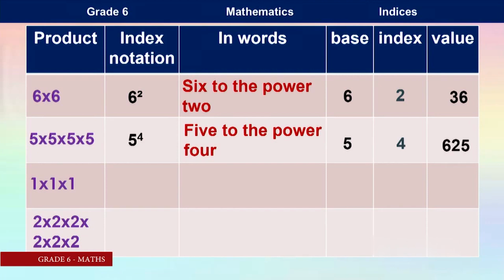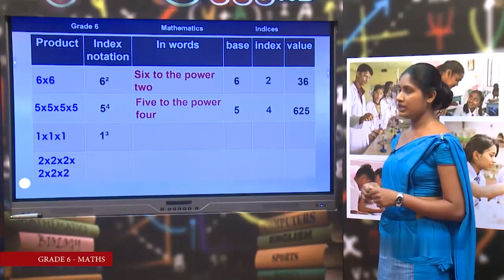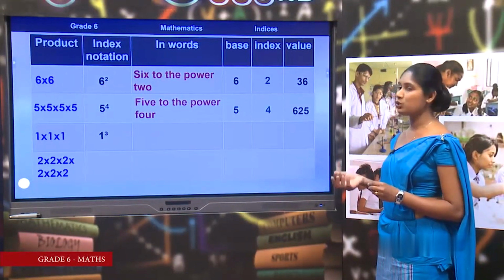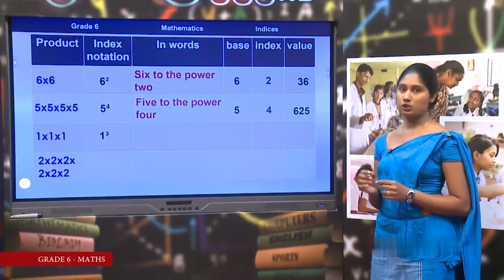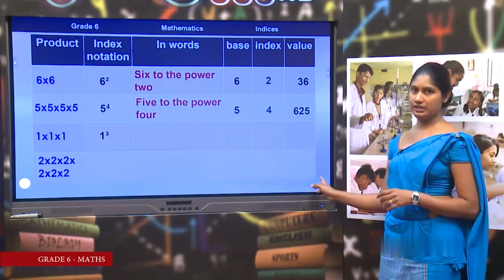The next one, you can see 1 multiplied by 1, again it has multiplied by 1. Then using index notation, the base you can see is 1, and how many times you can see this 1, that is 3. You can write that 3 on top of the right side of that 1. Then how to read this?